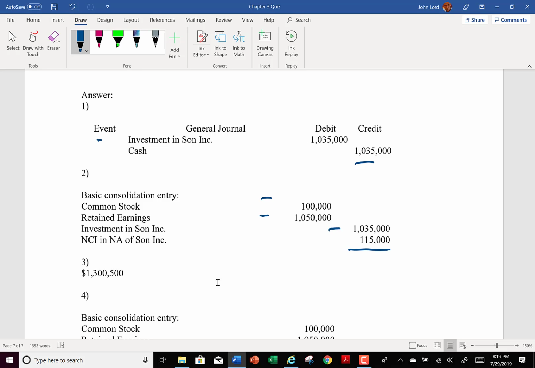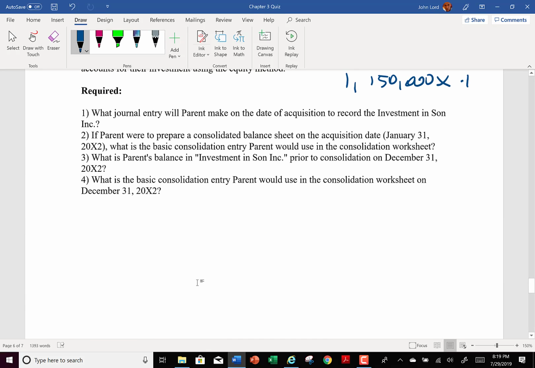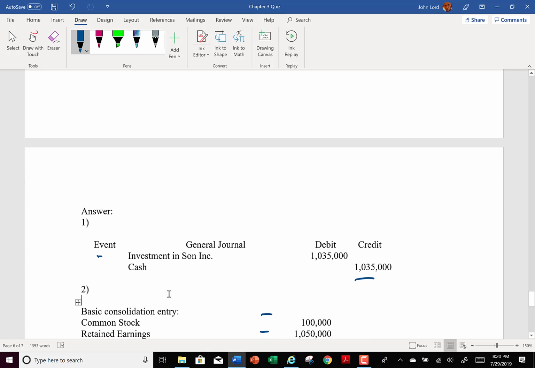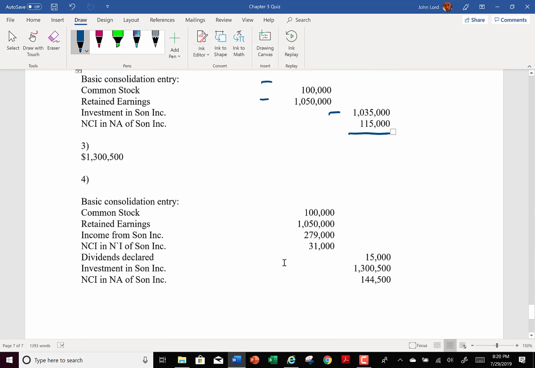And then what is the basic consolidating entry at December 31st X2? This is after one full year of operation. I always get rid of the common stock.